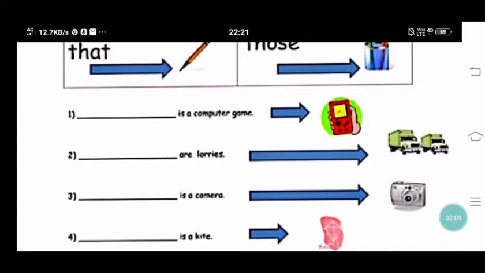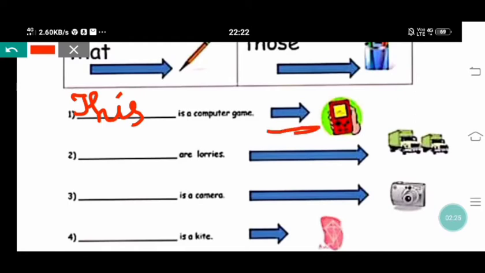Let me start. Okay, now so dash is a computer game, so we have to write down here this. Why? Look here, arrow is short, it means it shows computer game is near. Write down. Now dash are lorries. So first you look here, students.